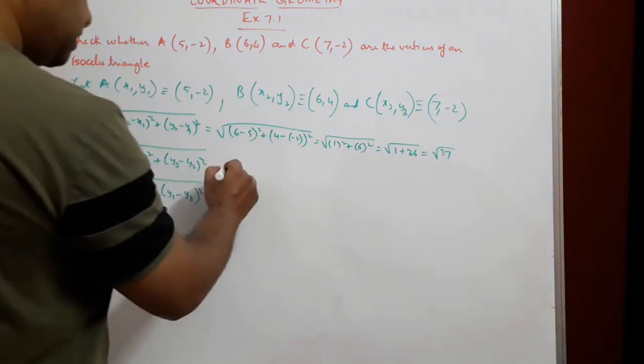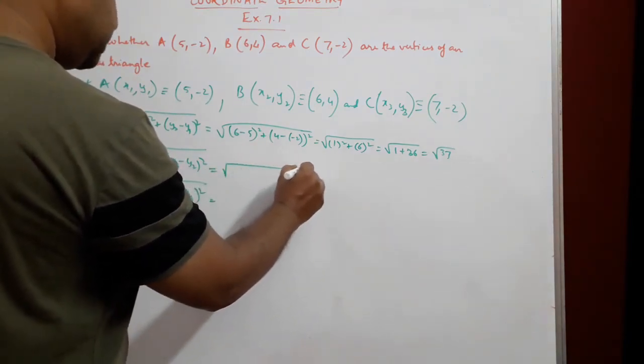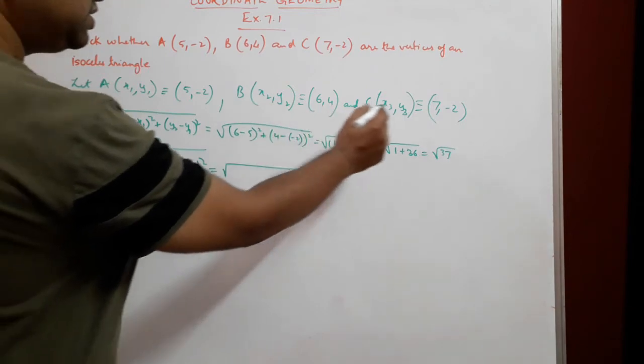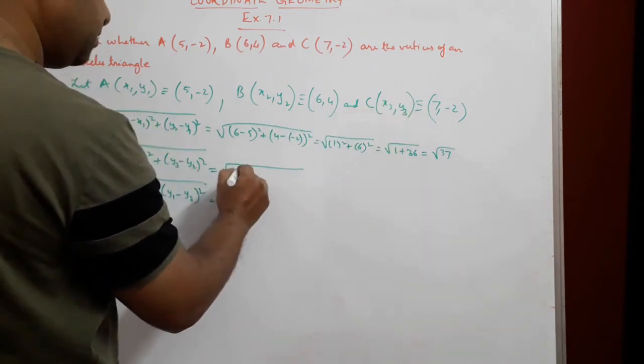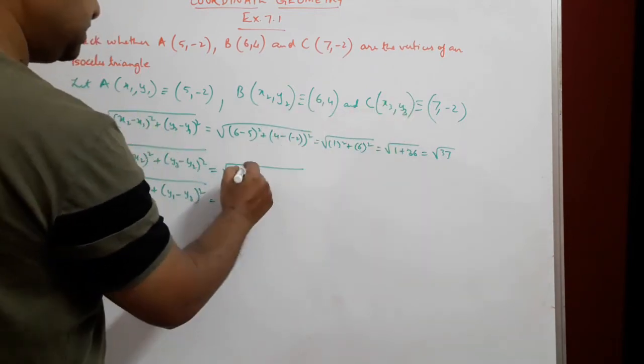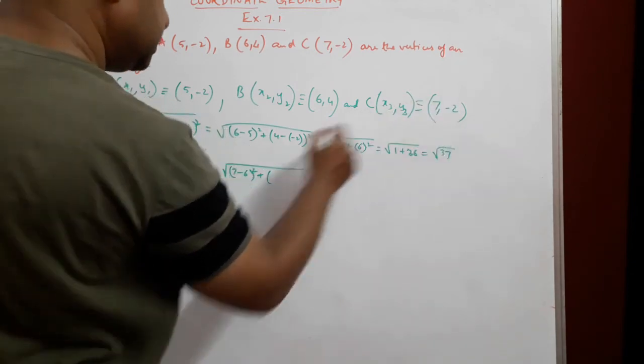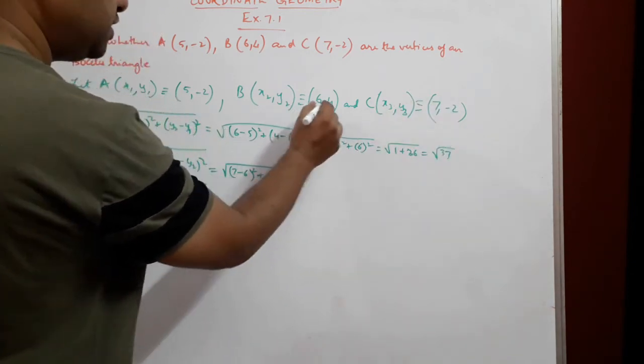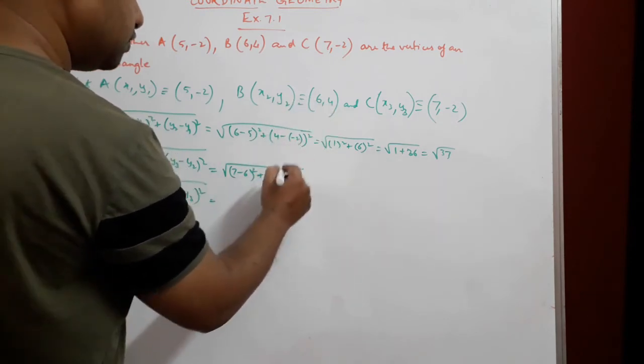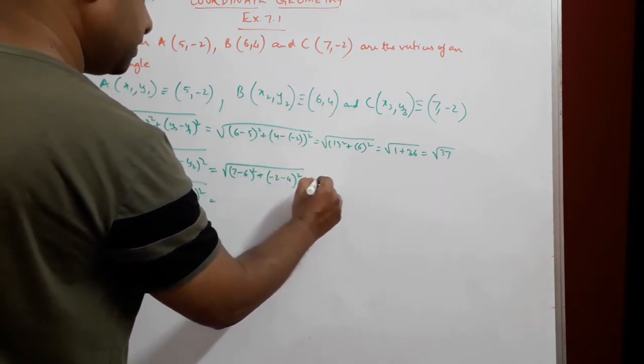Next, x3 minus x2. x3 is 7 minus x2, which is 6 whole square plus y3 is minus 2 and y2 is 4. So that would be minus 4 whole square.